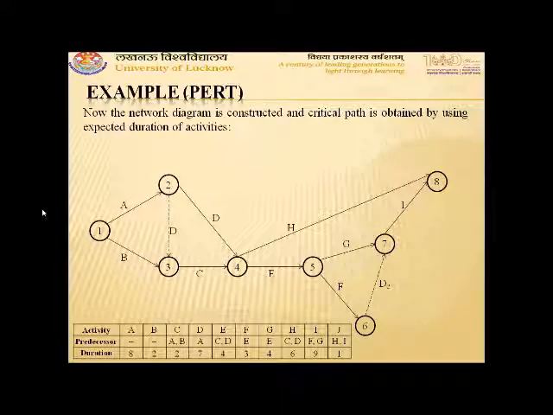Then the earliest and latest occurrence times are computed using the expected duration of the activity, neither the optimistic, nor the most likely, nor the pessimistic. We use the expected duration of the activities.